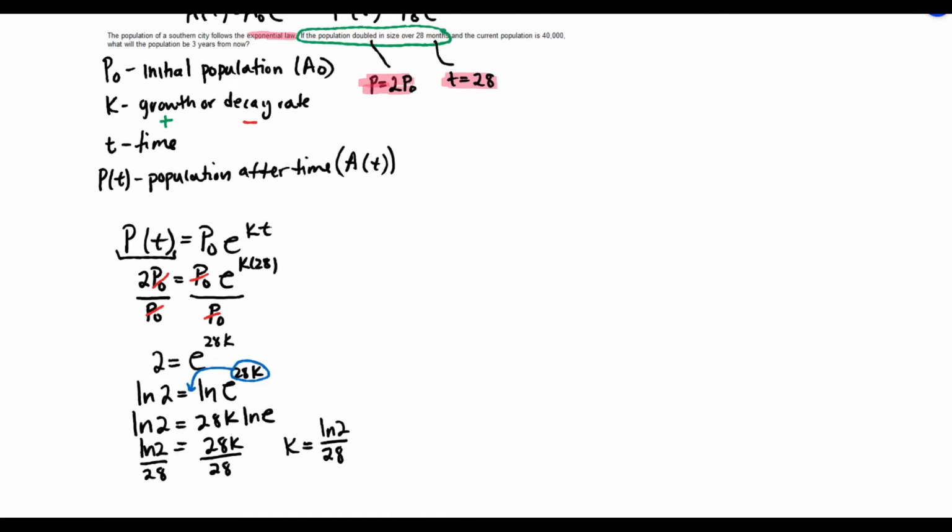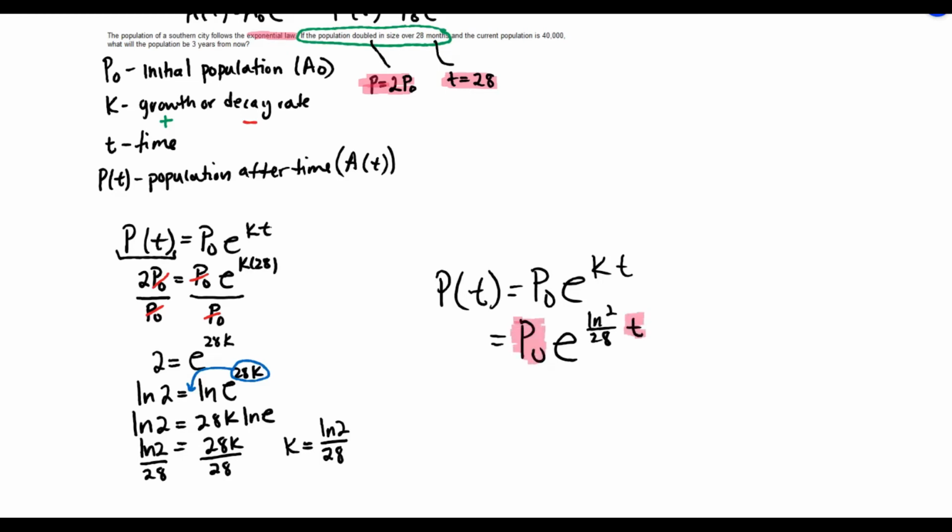So with my formula P of t equals P naught e to the kt, I was able to find what k was. That's natural log 2 over 28. So now when I'm using this formula, I have two variables. I have P naught, which is my initial population, and the time. And that's exactly what they gave me on this second part of the question.